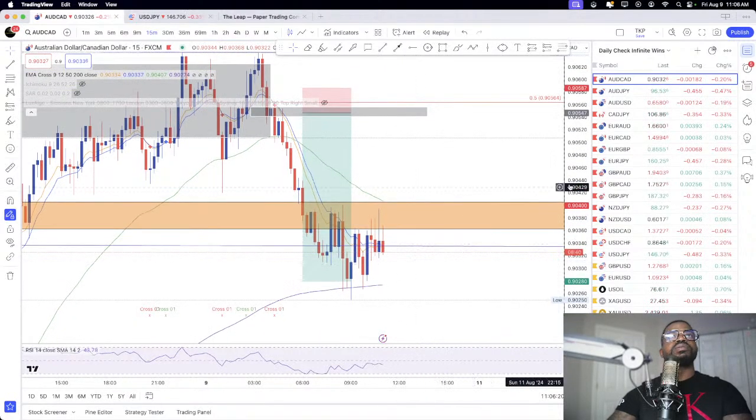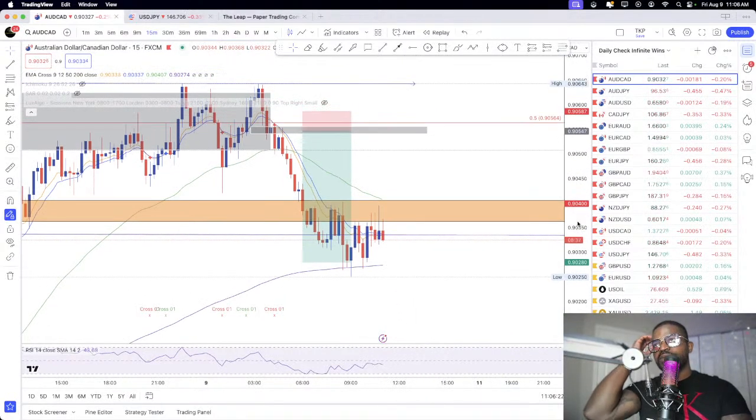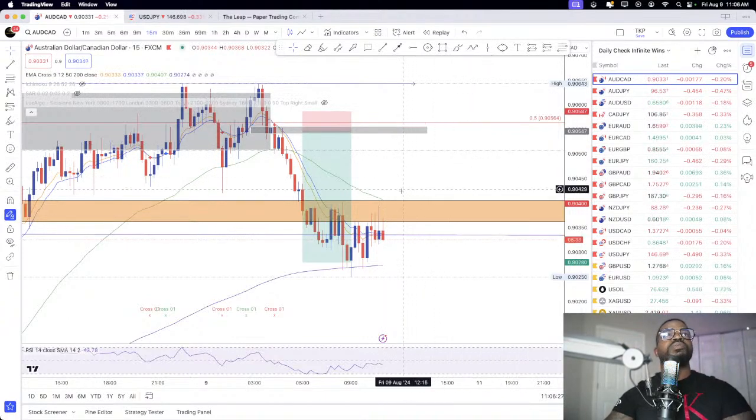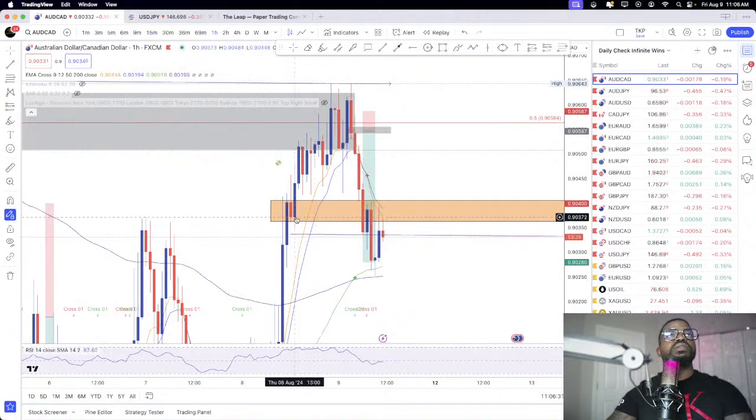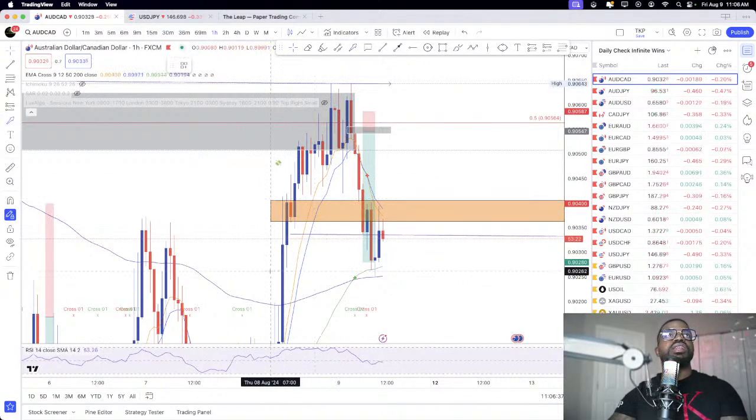So now we got this nice drop with AUD CAD, and what we have here is price consolidating again. Let's see. Now on the 1 hour, this thing looks like it just retested this flag and it's ready to go down.